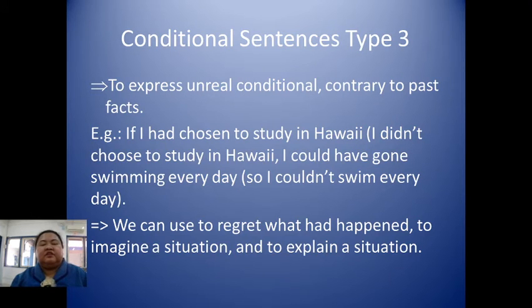I could have gone swimming every day, so that's why I couldn't swim actually, because I didn't study in Hawaii. Okay, we can use it to regret what had happened, again to imagine the situation and to explain the situation. Basically, they have the same function as type 2, however, the time set is different. Remember that type 2 is contrary to present facts, and type 3 is contrary to past facts.